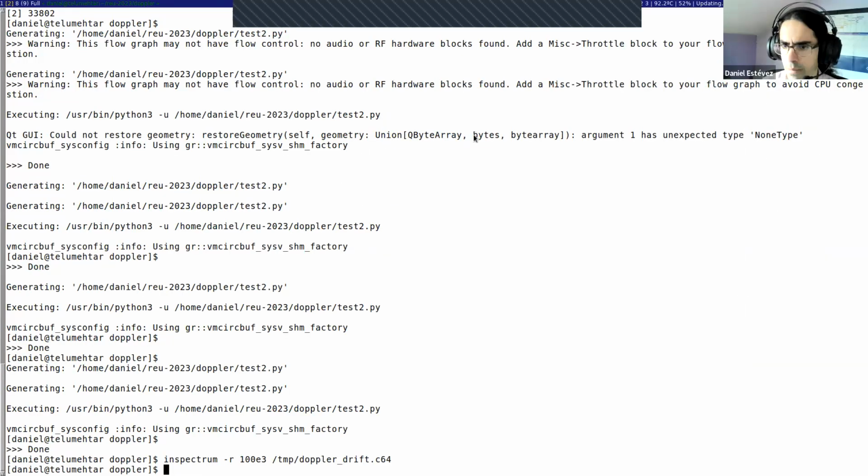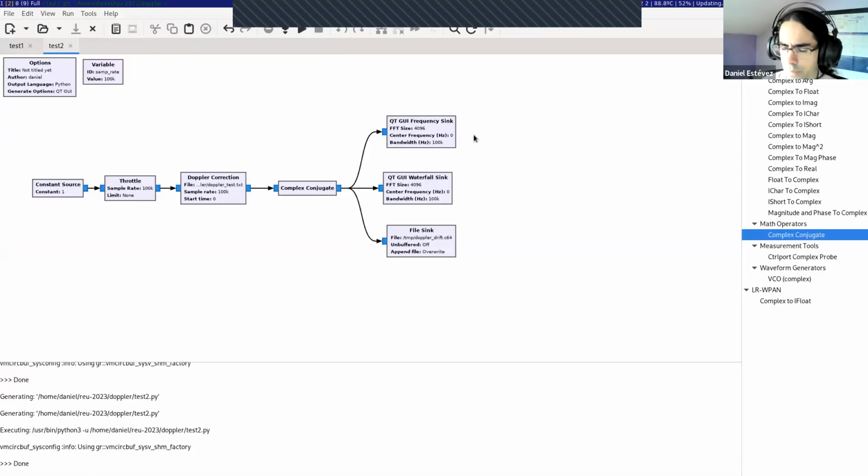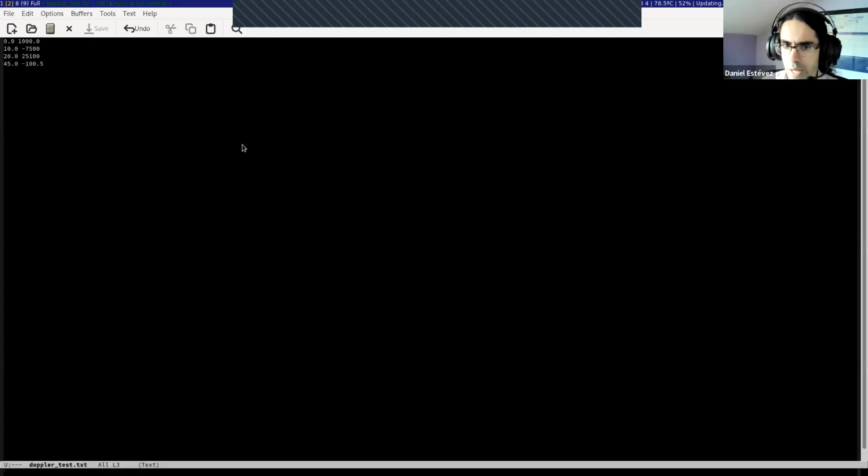And this file could be as complicated as we wanted. By the way, this is a rather precise Doppler correction calculation. So what's going on inside this block is, for each input sample, the frequency corresponding to that input sample is being computed by interpolating linearly over the two corresponding entries on the file.